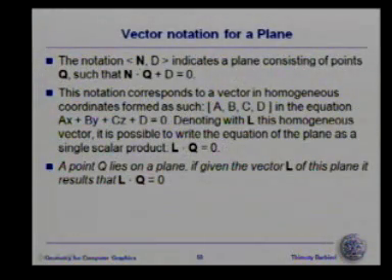Therefore, you can indicate a plane as a homogeneous vector, made up of 4 components. The first 3 components are the components of the normal. The fourth component is the coefficient D.